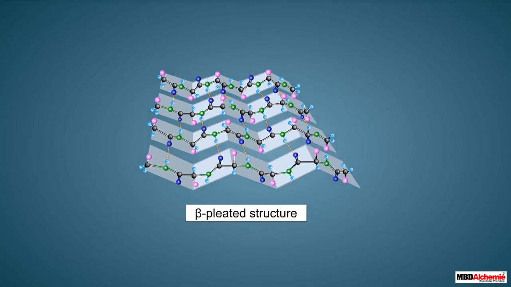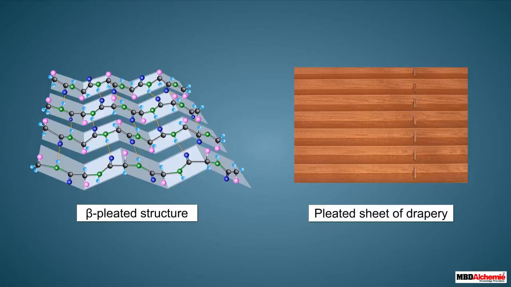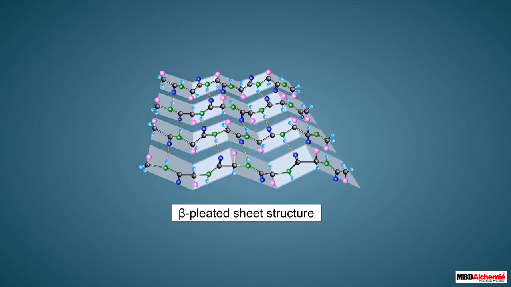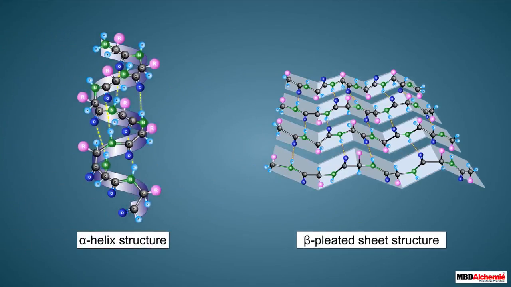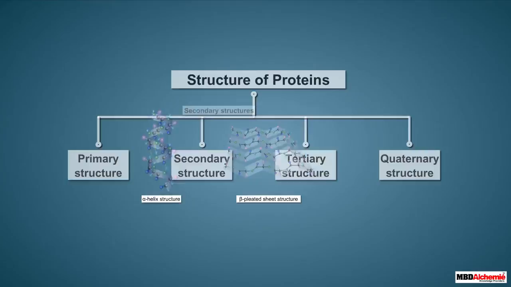This structure looks similar to the pleated folds of drapery. Therefore, it is known as beta-pleated sheet structure. So, alpha helix structure and beta-pleated sheet structure represent 2 different types of secondary structures of proteins.